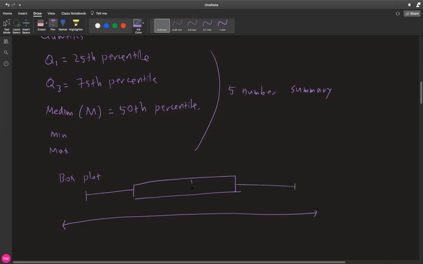And there is a middle line like that. And this is the first quartile. And this corresponds to the third quartile. And this is the median, the minimum, and the maximum.